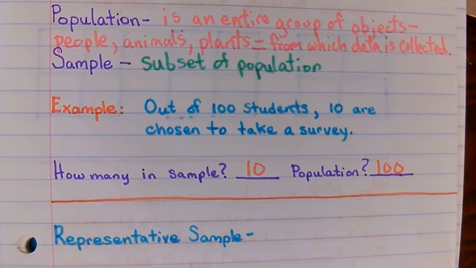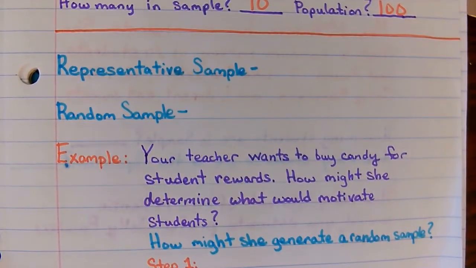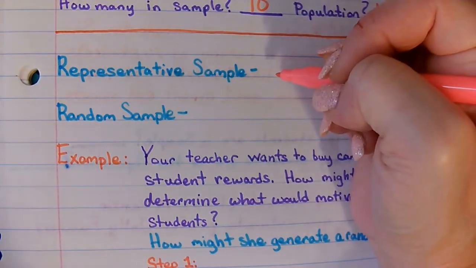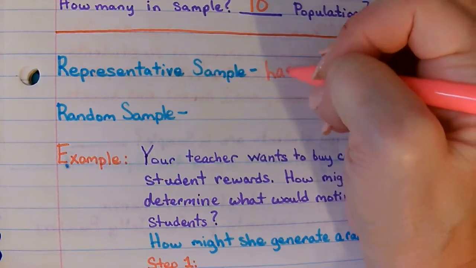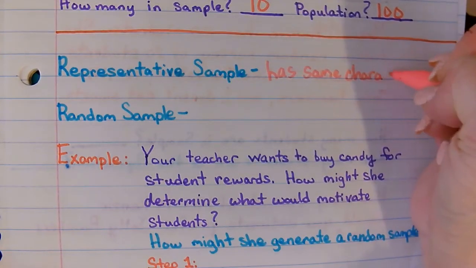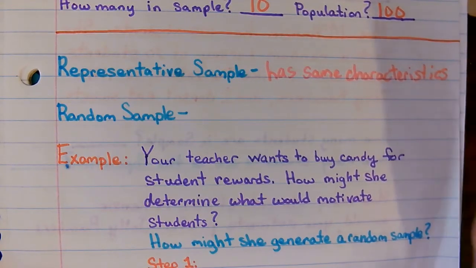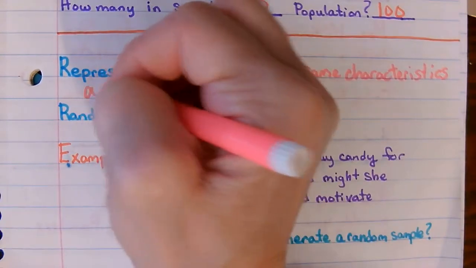Alright, so let's look at a couple more terms. This one down here, the first one, is called a representative sample. Okay, this is important because a representative sample of the population has the same characteristics as the population.